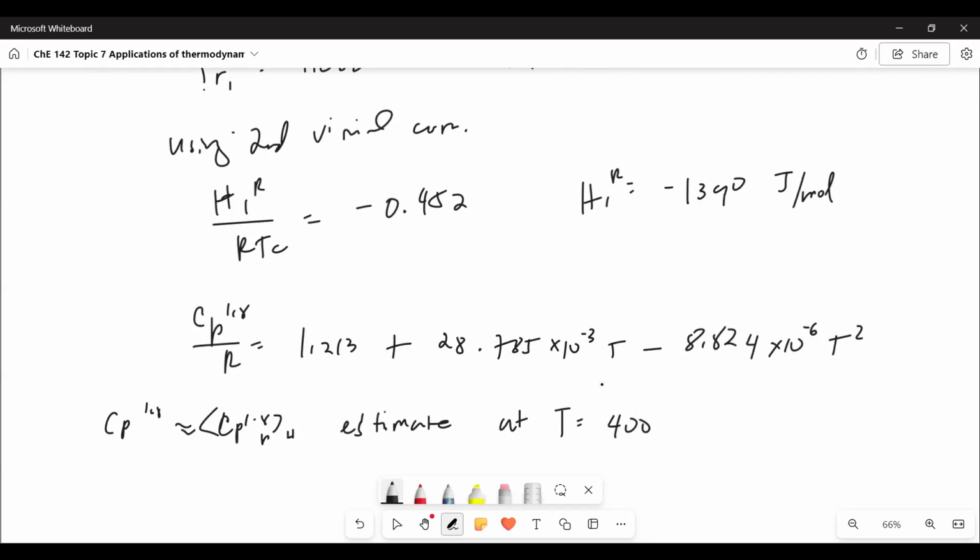So that's the initial estimate. But 400 is the inlet. What we're looking for is the outlet.